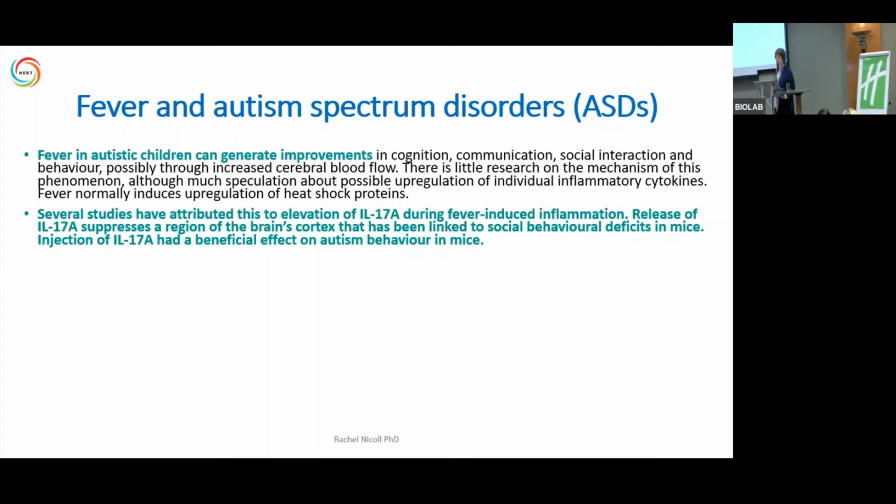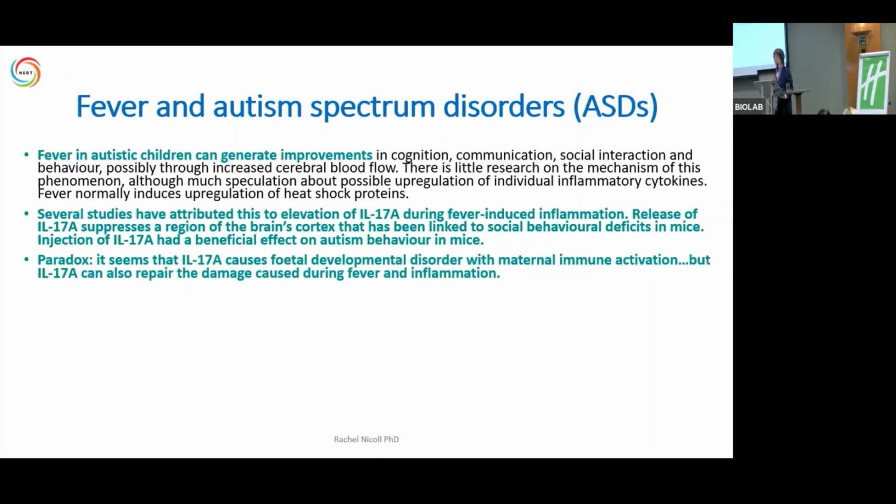And an injection of IL-17A had a beneficial effect on autism behavior. So that's quite interesting. But you'll probably have noticed there's a paradox here, because I've just said that IL-17A causes fetal developmental disorder with maternal immune activation. But here, in children with autism, it seems that IL-17A can repair the damage.